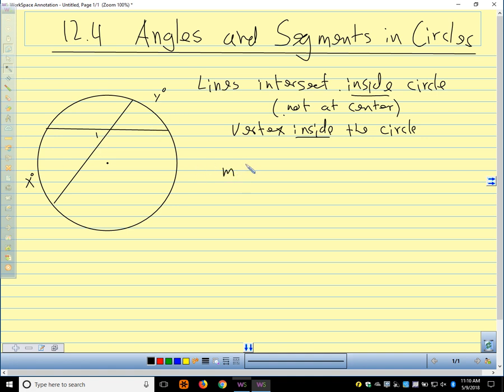The measure of angle 1 is x degrees plus y degrees divided by 2. And the way I think about this is the angle equals the arc plus the arc divided by 2.